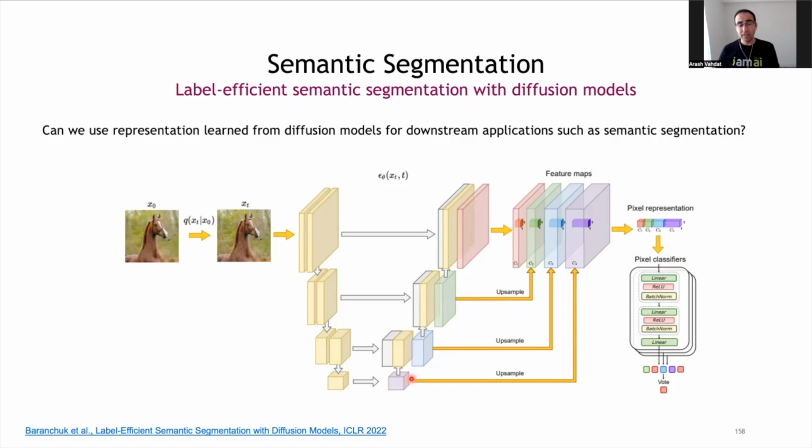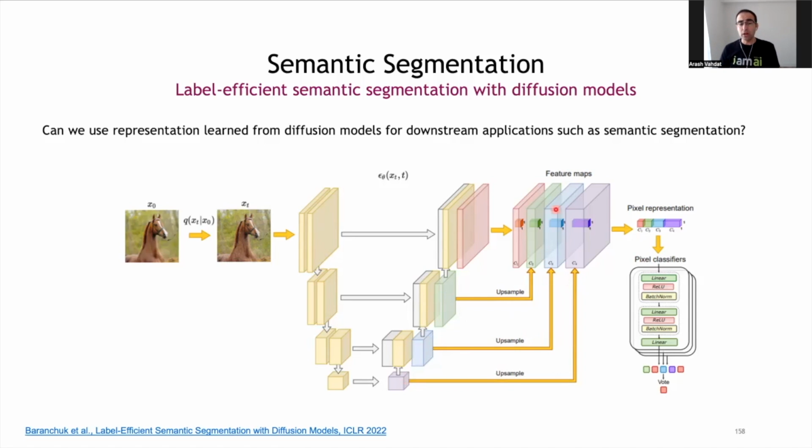And then given these representations, they upsample all these intermediate representations so that they have the same spatial dimensionality as the input image. So we have these upsampling layers, and these feature maps have the same dimensionality as the input image.